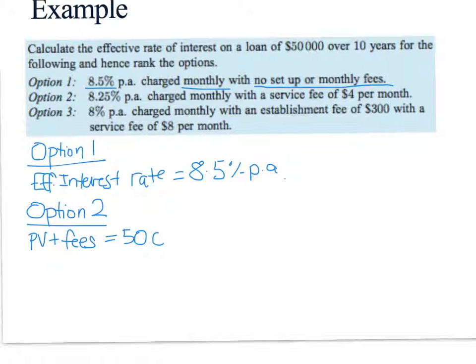Now, what are our fees in option 2? $4 per month. So what's that going to be? 480. Okay, cool. So multiplying by 12 and multiplying by 10, which is going to equal 480 as Seth tells us. Okay, the 12 is for the months and the 10 is for the years.